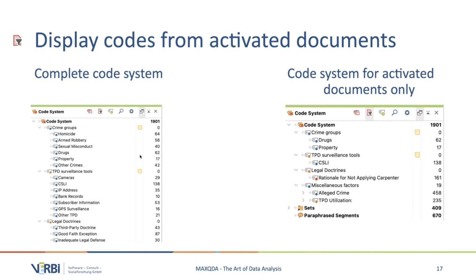The coding system also provides you with the ability to limit the display of codes in the code system to those which you have already used in a document. So when you highlight this little red filter document icon, instead of showing the entire code system, it'll show the codes that are in that particular document.